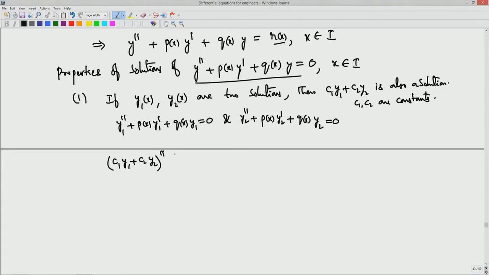On the left hand side, I substitute: (c1 y1 plus c2 y2) double dash plus p x (c1 y1 plus c2 y2) dash plus q x (c1 y1 plus c2 y2).